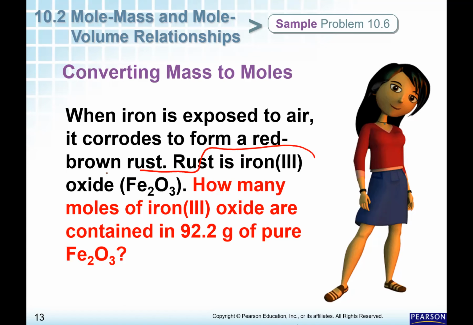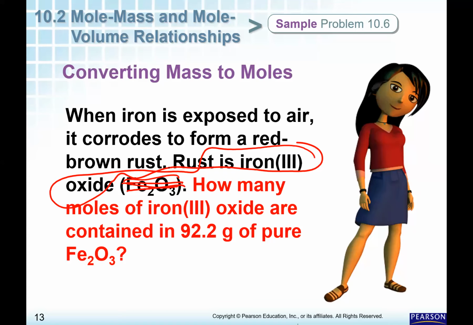When you say iron 3 oxide, if we do not provide the formula, you should know by default that it is Fe2O3 in order to make it a neutral compound. Anyway, how many moles of iron 3 oxide are contained in 92.2 grams of pure iron oxide?